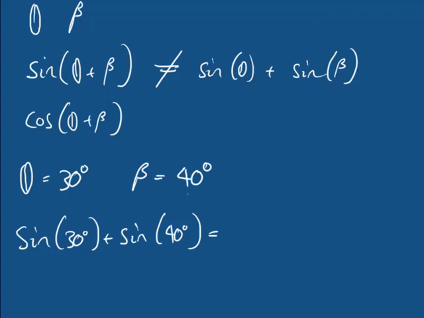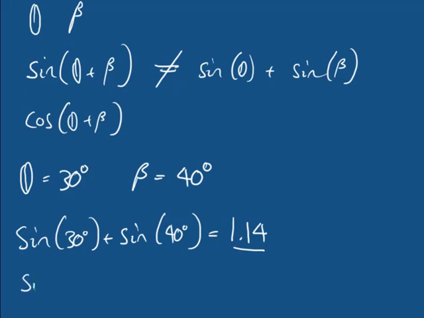We can clearly see this can't possibly be equal to the sine of theta plus beta, because this value is outside of the range of what the sine function can return. The sine function can only return values between -1 and +1. This is greater than +1, so it can't possibly equal the sine of theta plus beta.